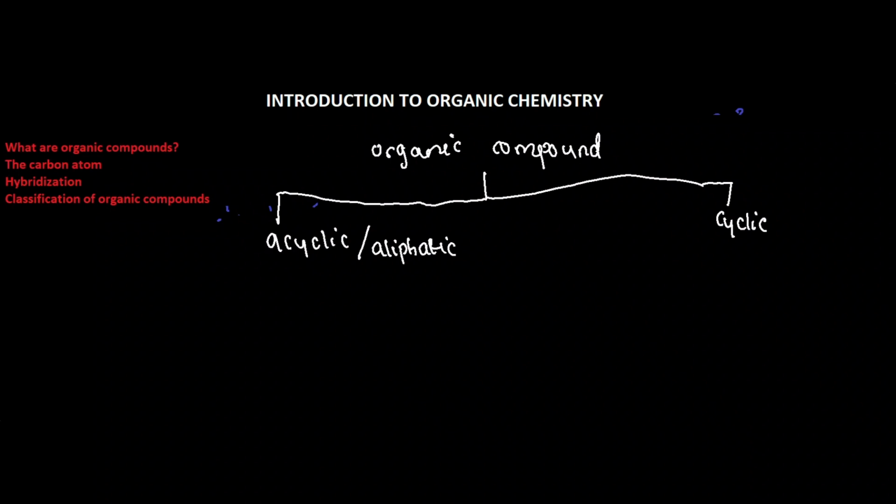So under the acyclic, we have the open chain. Acyclic organic compounds have an open chain. They could be branched or unbranched. For the cyclic, as the name implies, they form a ring.